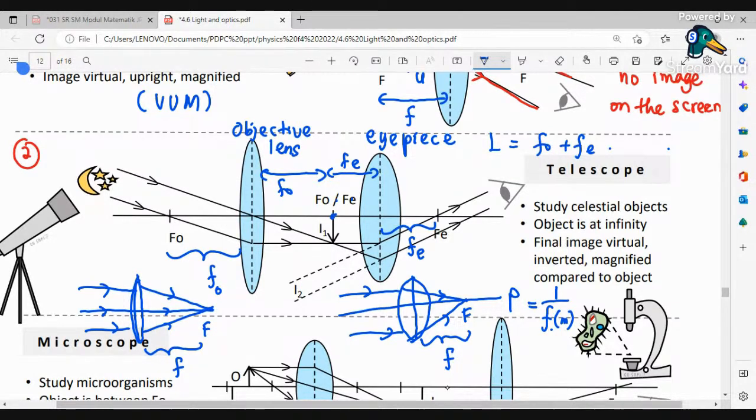Okay, study celestial objects. Object is at infinity. Maksudnya objek ni daripada infinity sebab terlalu jauh. Star or moon is too far, so we can say it's from infinity.